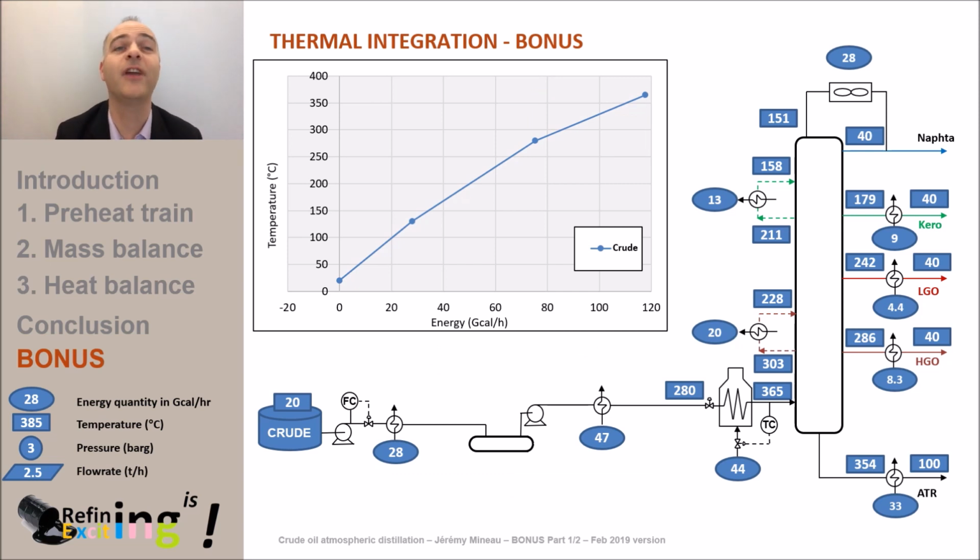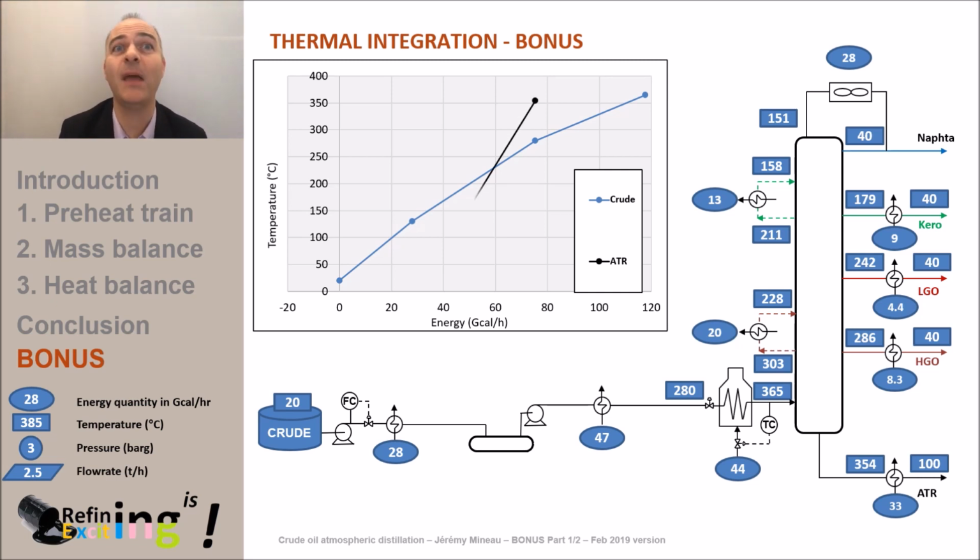Now, let's have a look at the hot products. We always start by identifying the hottest flow, because since we must heat up the crude to 280 degrees C, we logically need a flow whose temperature is above 280 degrees C. And the hottest will be the best. In our case, the hottest flow is the atmospheric residue.